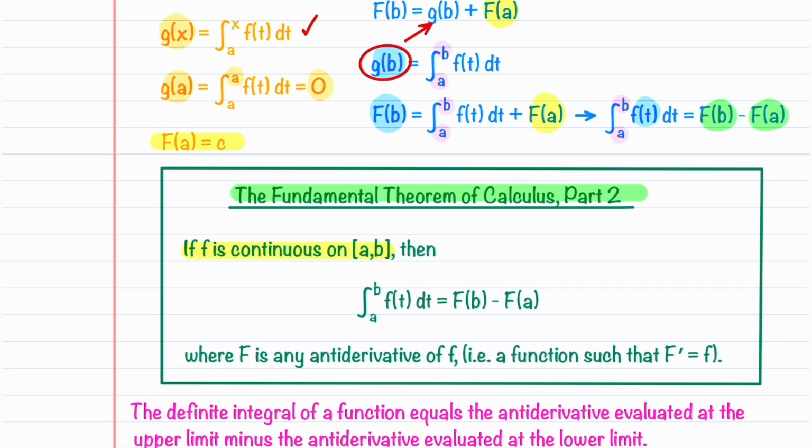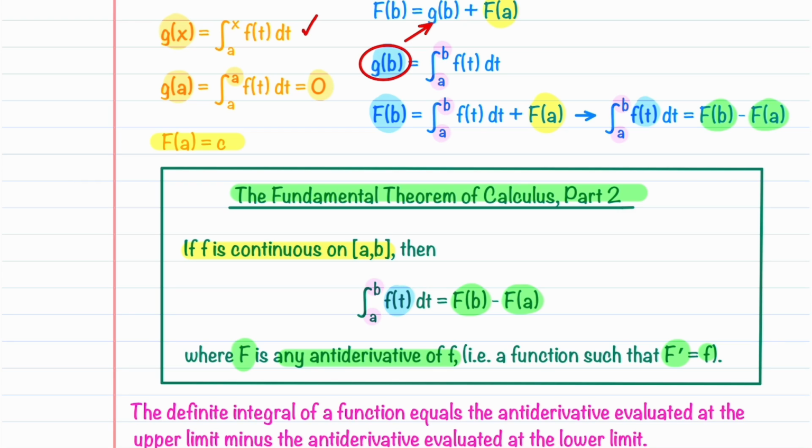Then the integral from a to b of f of t dt is equal to capital F of b minus capital F of a, where capital F is any antiderivative of little f. In other words, it's a function such that the derivative of capital F is equal to little f.